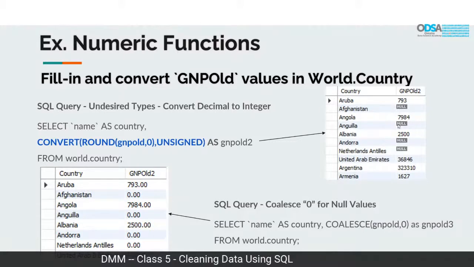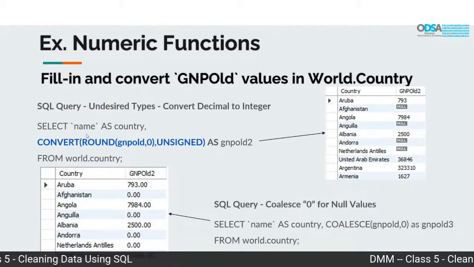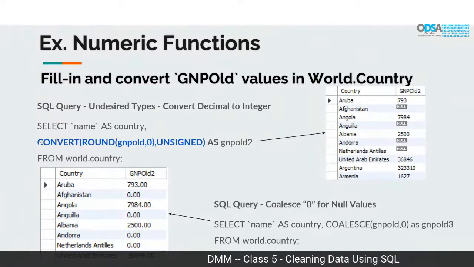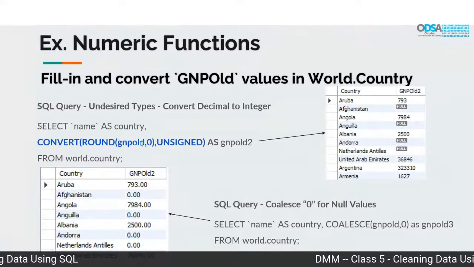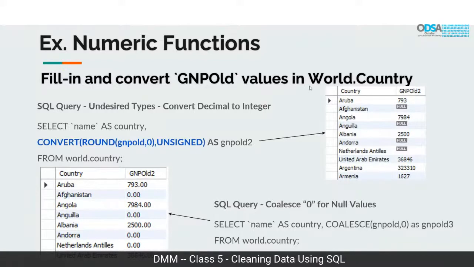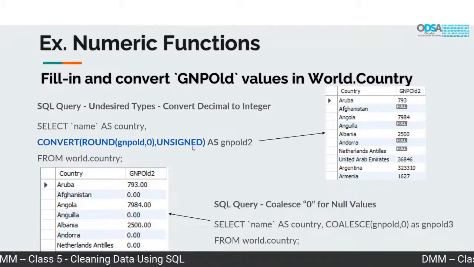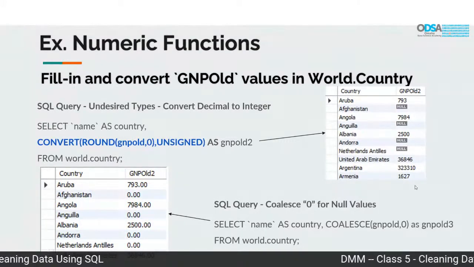And as you can see, it's actually missing a bunch of those. So what we do in this one is we'll first round the GNP old. We round it to 0 as unsigned as GNP old 2. And it gives us unsigned values that are rounded to 0.